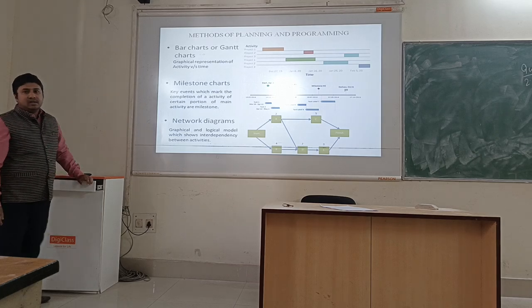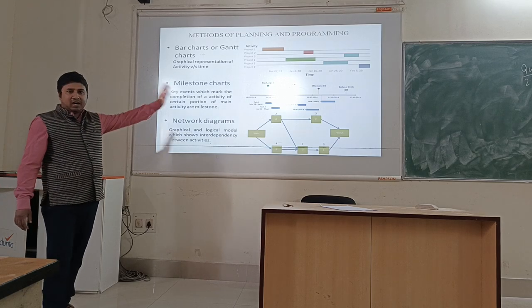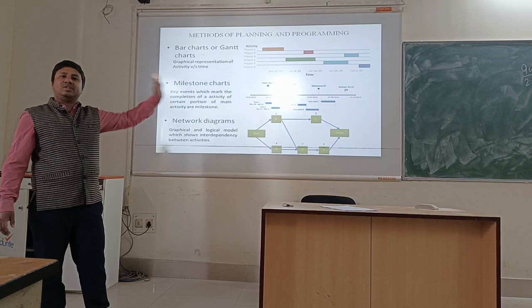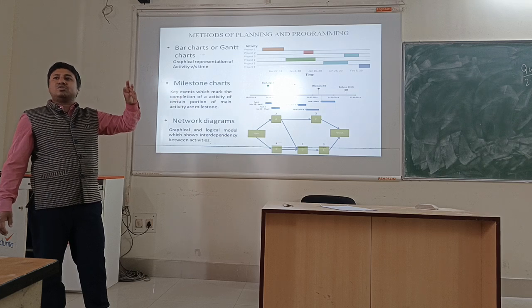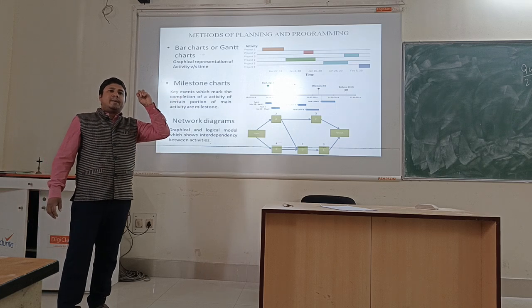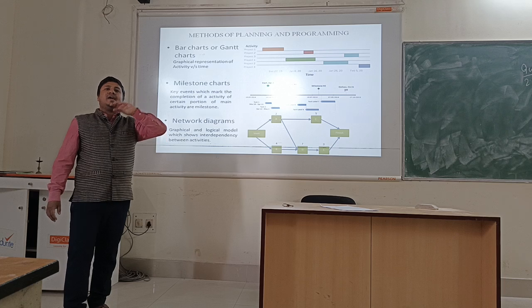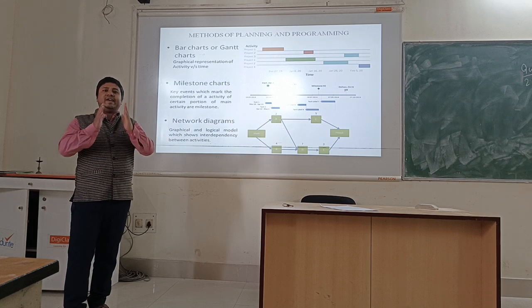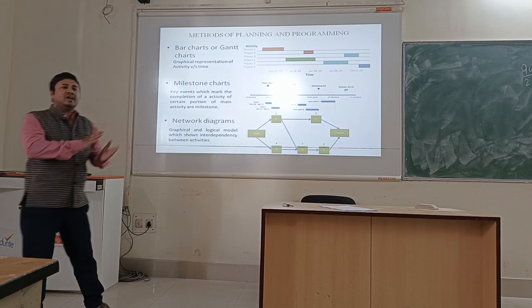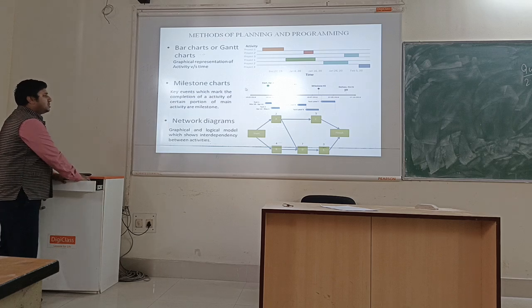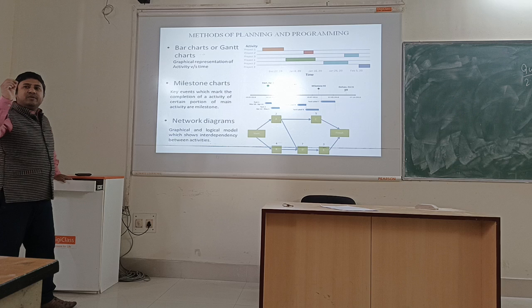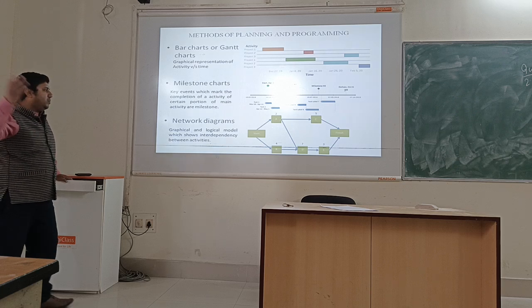In the milestone chart, we can see the progress of the activity with respect to time, and the milestones also show the key points where an activity ends. So along with the progress of the bar, it adds milestones showing the key points where the activity will finish and the next activity will begin.